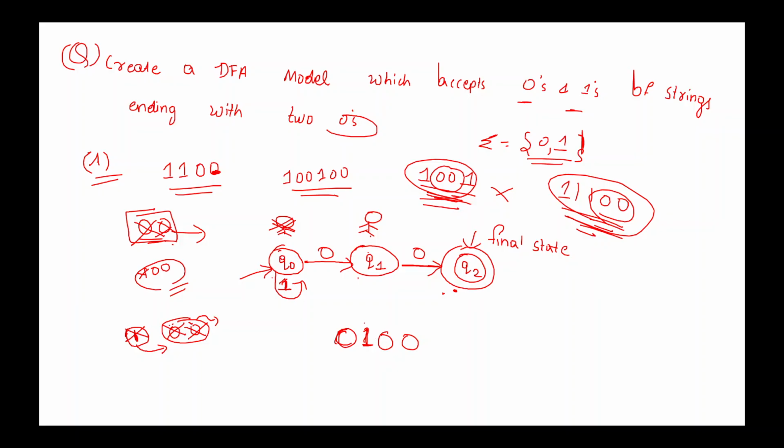I need to define q1 on 1 in such a way that after q1 receives 1, it is transitioned to that state from which, if it receives two zeros, it will end up at the final state. Can you see that state in this diagram?